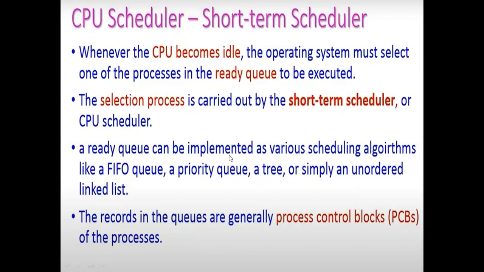A ready queue can be implemented as a first-in first-out queue, a priority queue, a tree, or simply an unordered linked list. The records in the queue are generally the process control blocks of the processes. All the information will be stored in the process control block, the PCB.